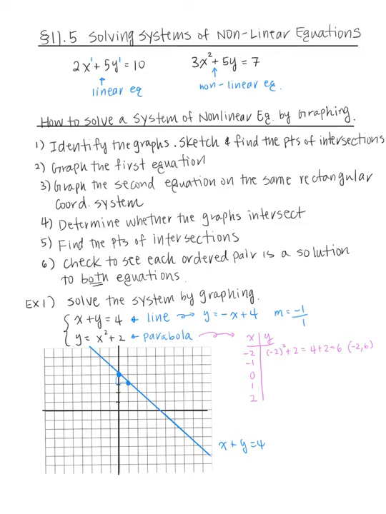When x is -1, we have (-1) squared plus 2, so this is 1 plus 2, which gives us 3. So we plot (-1, 3). When x is 0, we have 0 squared plus 2, so this is 2, and we plot (0, 2).